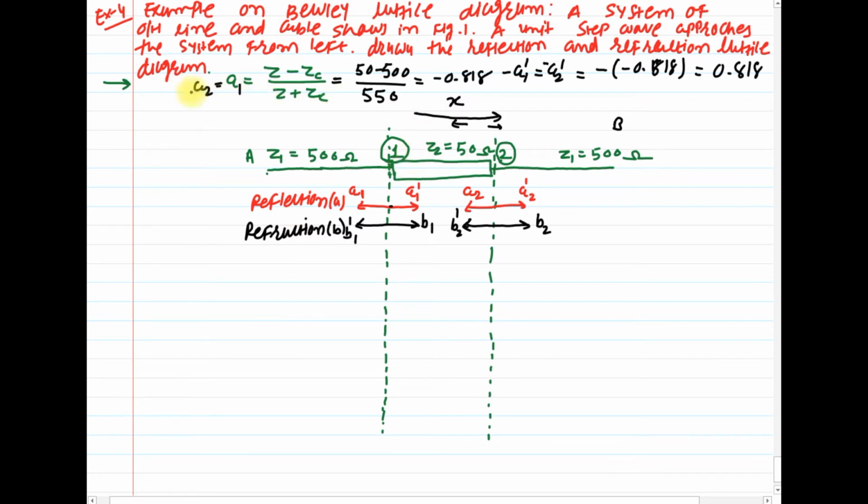You can select either of two as minus 0.818 and either of two as 0.818. Any of the two you will select. If you have selected A2 dash and A1 dash as minus 0.818, then you have to select A1 and A2 as plus 0.818.